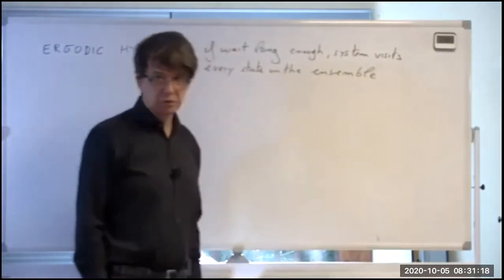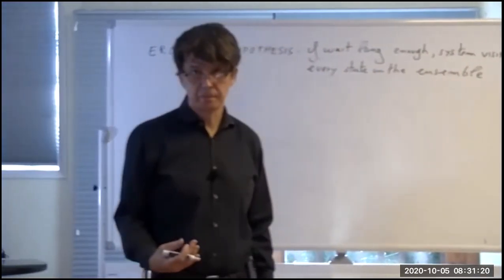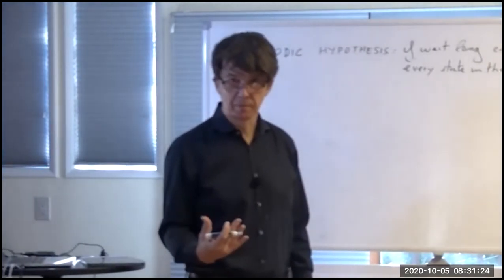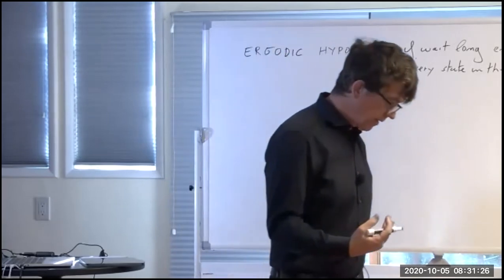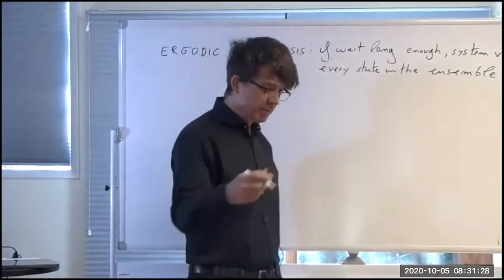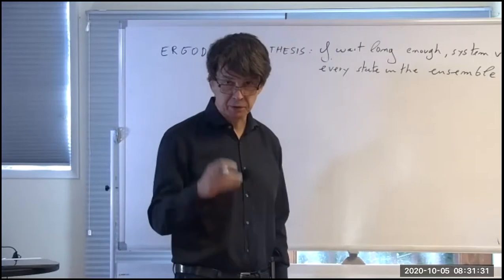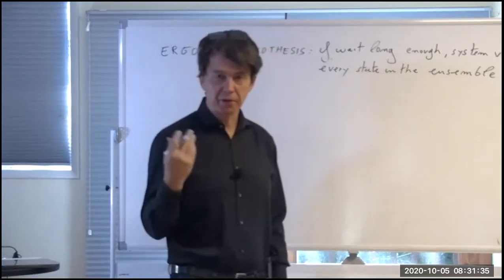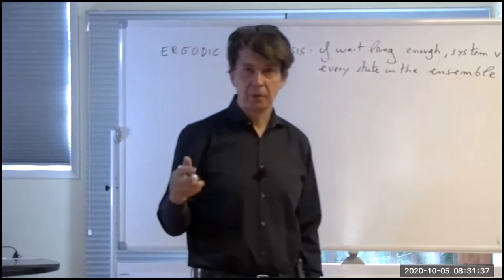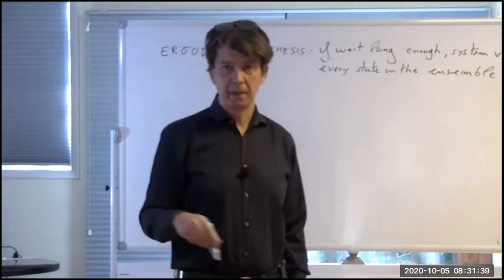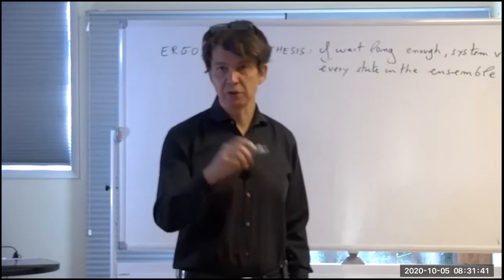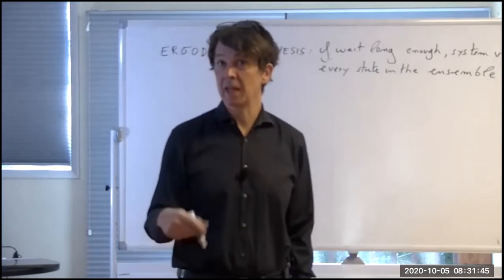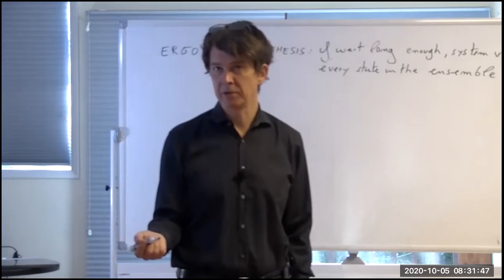The reason I should have given you that earlier is that this is the reason you can replace the time average by the ensemble average, right? If I had a system going through my microscopic phase space, through my ensemble, and let's say I constructed the strangest system where the system is kind of stuck in a loop. It goes between five or six states and just goes between them and never gets perturbed out of them, but never visits any of the other possible microstates.